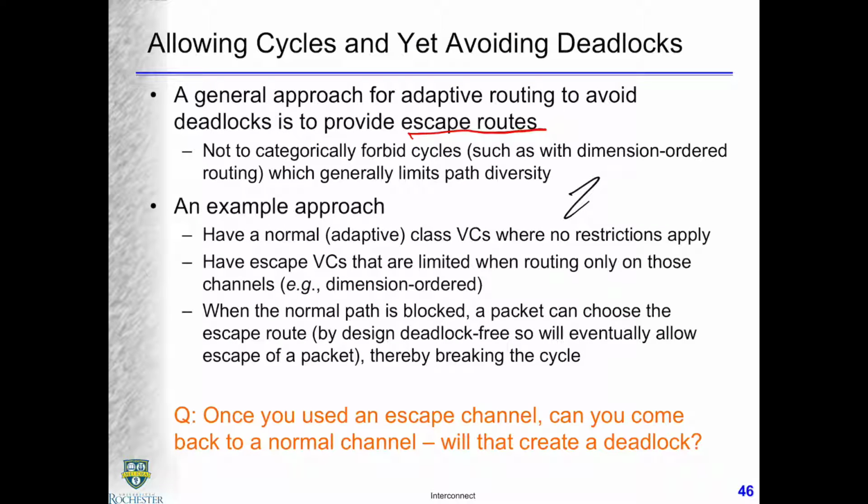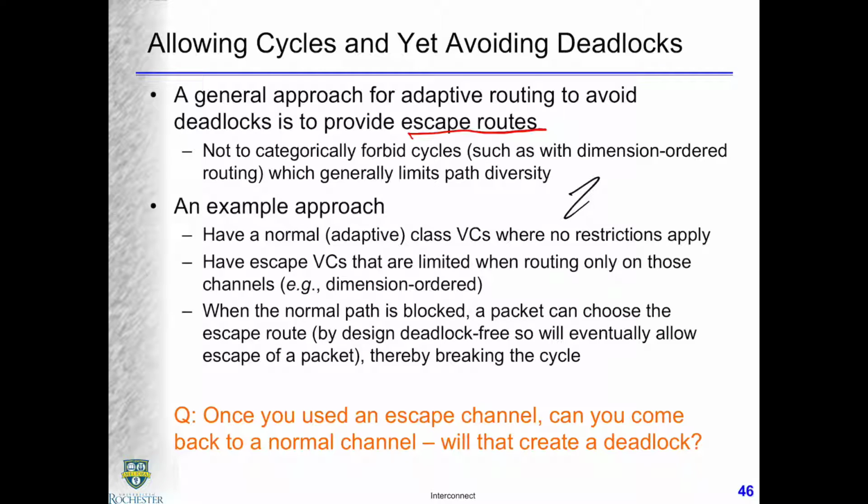Okay, anyway, the general approach is to provide escape routes, so that when you see something happening, you think you're getting into trouble, you allow packets to use the escape route. Now, of course, the escape route has to be guaranteed to be deadlock free, otherwise, what's the point?